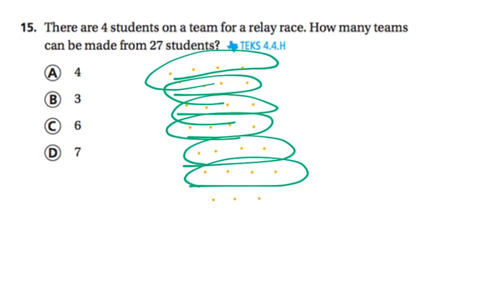So it looks like there would be 6 teams of 4, but there's 3 other people left over. They cannot form an actual team because it wouldn't be fair for this relay race if they are missing someone. So in this instance, we're only going to have 6 teams.